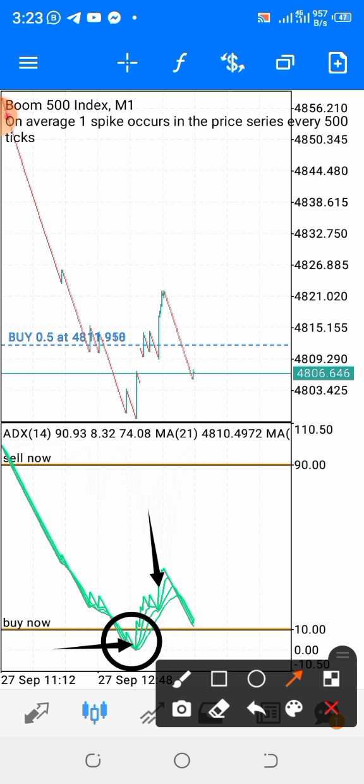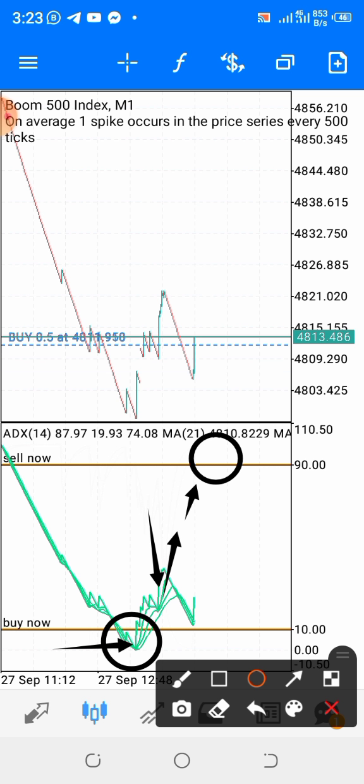Once you enter, you allow the boom to start coming until it pushes this indicator to this level. Once the spikes push all the indicators to level 10, I think you are seeing what is happening. Once the spikes push this indicator, we had a spike and we have recovered our losses.